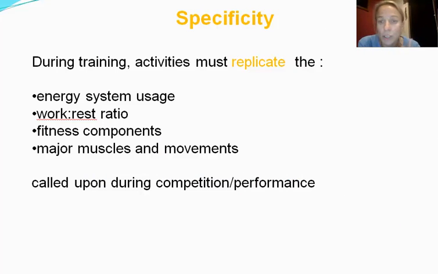Alright, so we've covered DOFIS: duration, overload, frequency, intensity. The last one, specificity. Specificity, this is where you're training. This is the guideline that when you do all your different methods of training, it must replicate the demands of the sport, such as work to rest ratios.